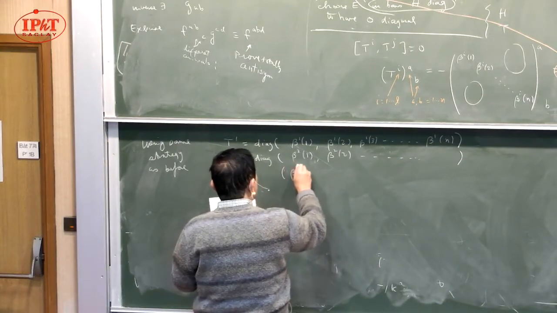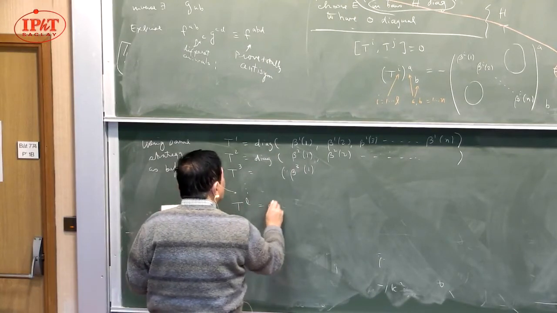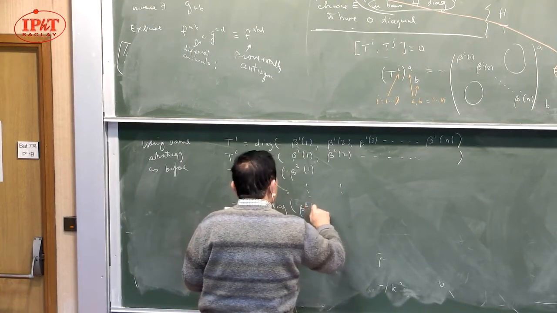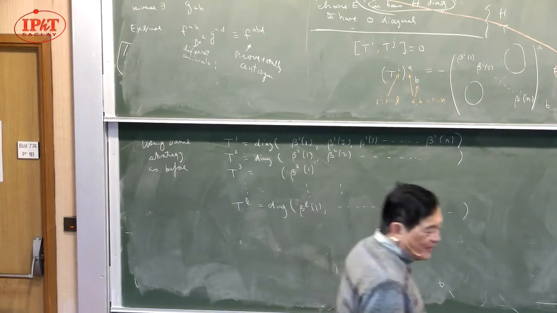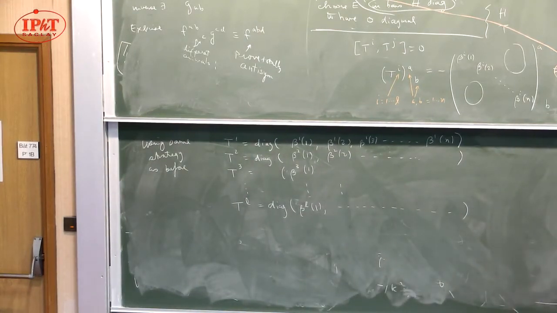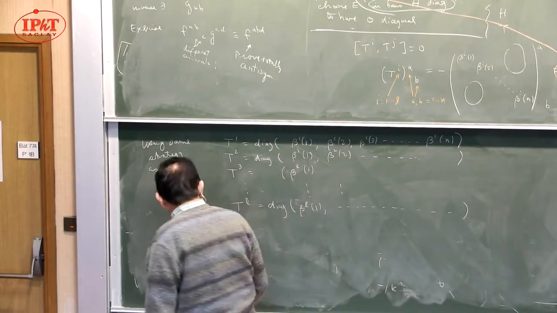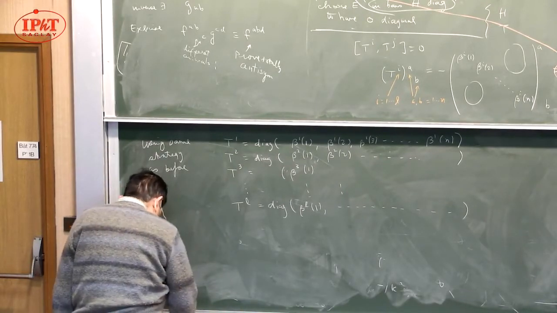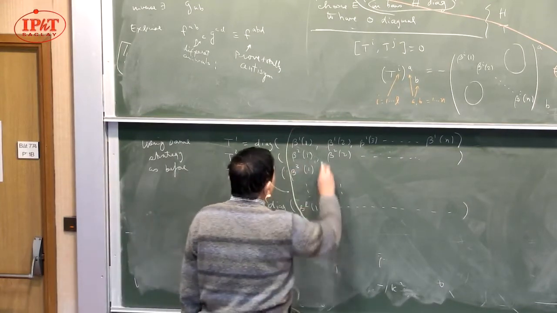And this is beta 3,1, and all the way down to beta L,1, the L of them, and so on. Well, this is exactly what I did last week or the week before. The only difference is that we were using the defining representation, and here we're going to be using the adjoint representation. Okay, so the root vectors are just these.